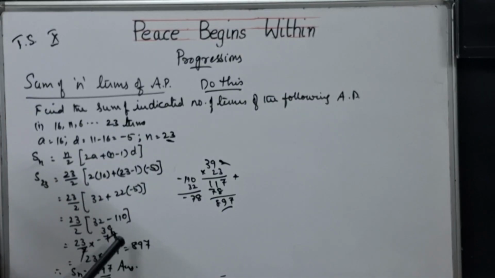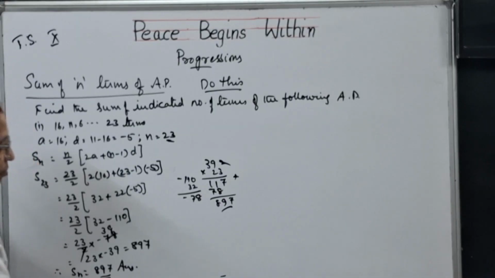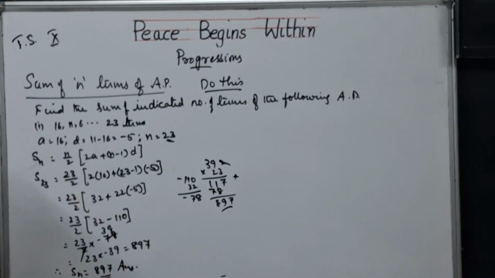So I have calculated, on the whole I have got Sn is 897. I hope this is a simple calculation, children. I hope you have followed. Please note it down. This is the first bit of do this.